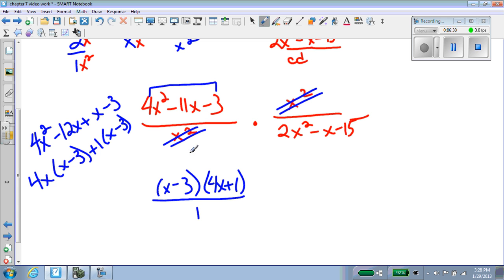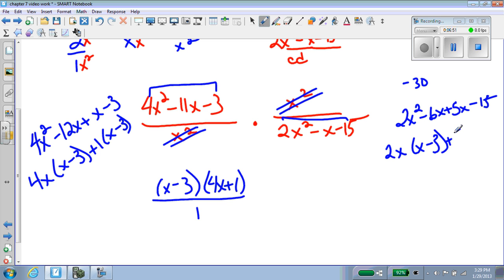And this is now a 1 because I've already canceled that. Let's see, what have I got here? I've got negative 30. Yeah, so I get 2x squared minus 6x plus 5x minus 15. 2x times x minus 3 plus 5 times x minus 3.